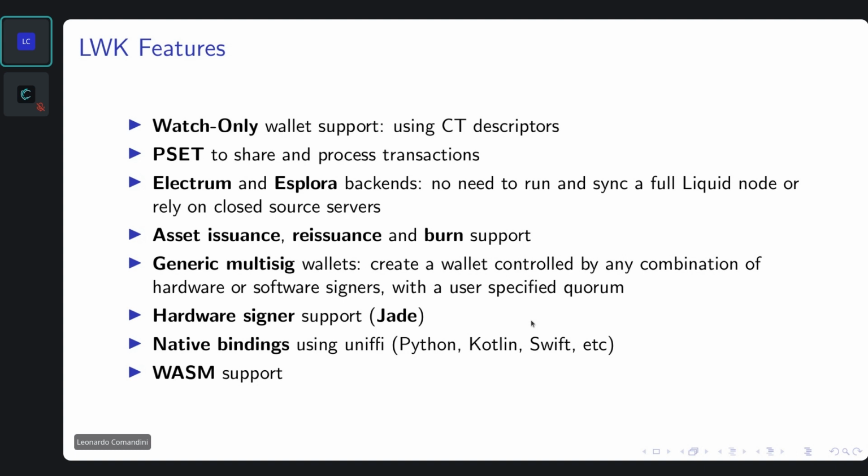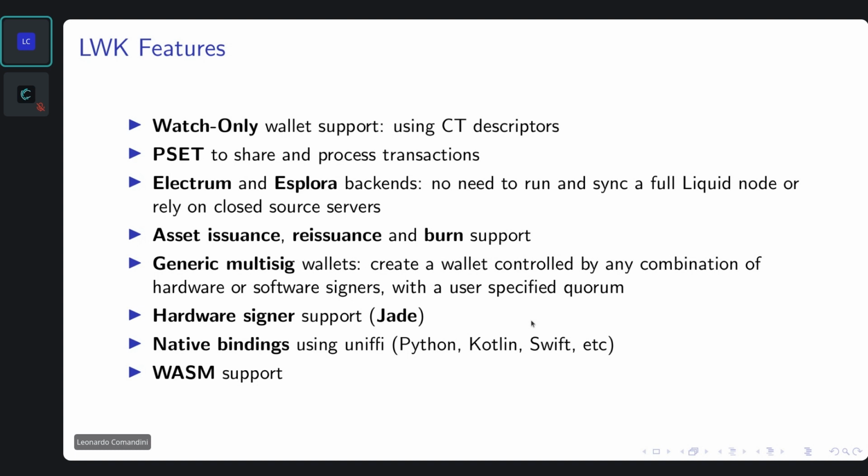We also wanted to focus on bindings so that people using the various crates could access those in the language they are more fluent with. So as of now, we have bindings in Python, Kotlin, and Swift, apart from, of course, Rust, in which LWK is written.